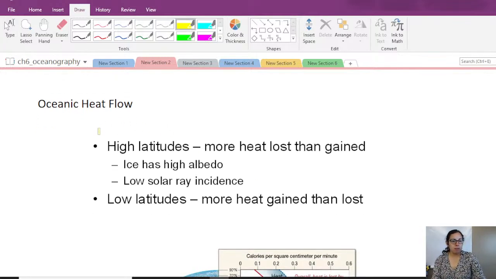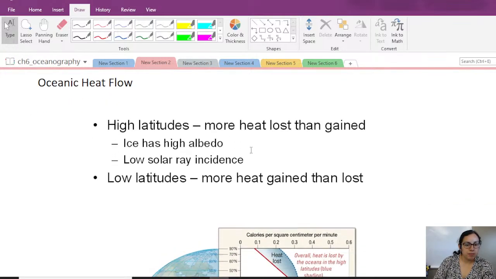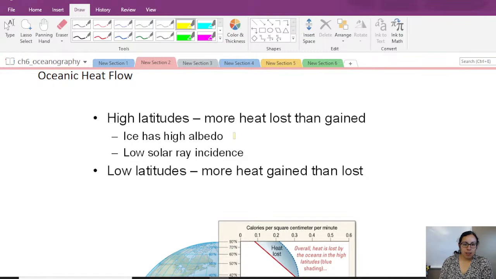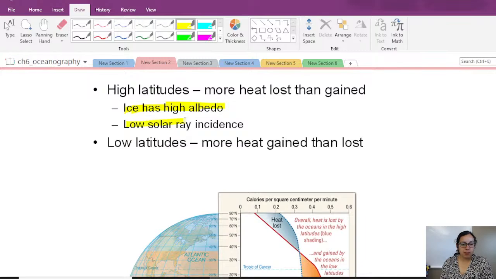All right, so now we'll look at how the ocean plays into this. In our higher latitudes, we have more heat loss than gain. Again, we mentioned that ice is really reflective, and we also have low solar ray incidence, so that light is diffuse, not as direct.